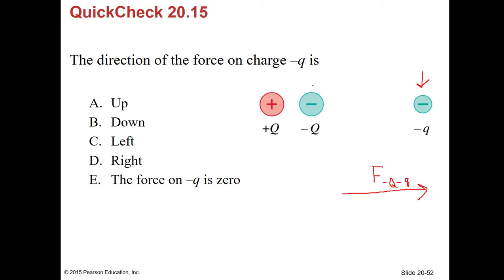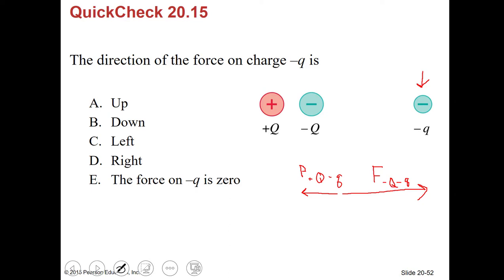Now pretend minus big Q is not here. This is positively charged, this is negatively charged. So minus little q is going to be attracted. So there's going to be a force from plus Q on minus q. There we go.